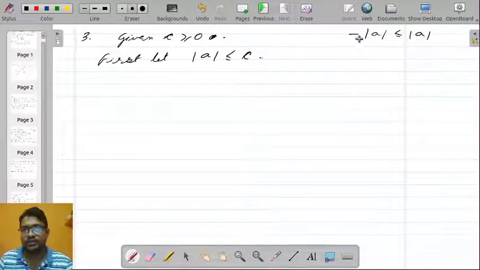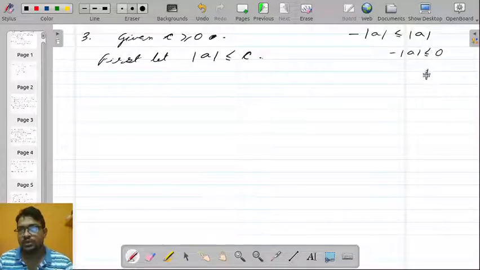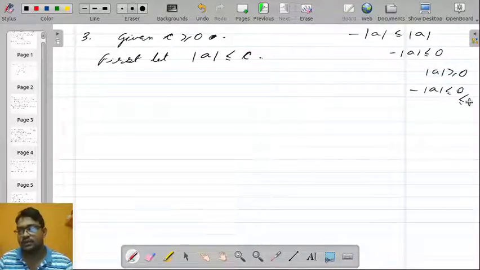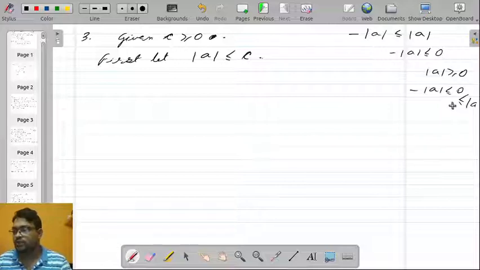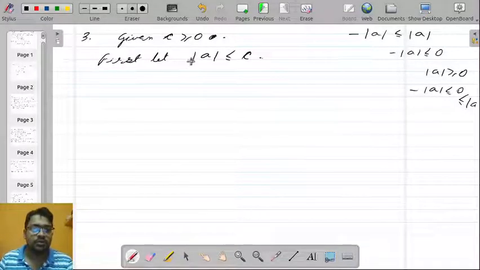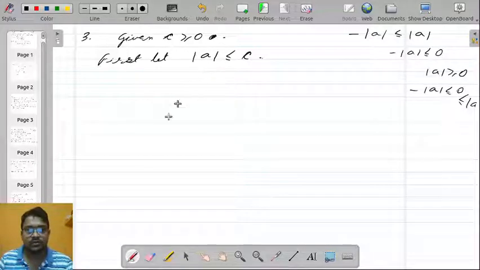Minus of mod A is a negative quantity. So minus of mod A is actually less than or equal to 0, because mod A is greater than or equal to 0. And then I can write this is less than or equal to mod A. So actually minus of mod A is less than or equal to mod A. Okay, so we can bring minus of mod A somewhere here, right?